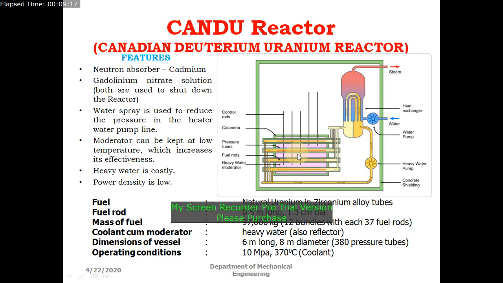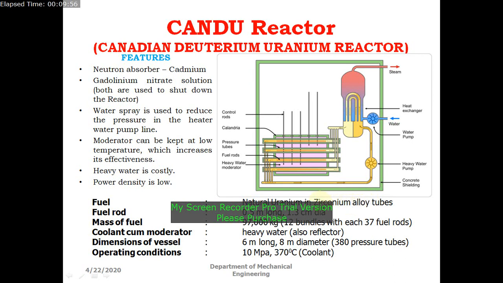Here, if you observe the dimensions, since everything is inserted within the shell, the shell is nearly 8 meters in diameter and 6 meters long, and each shell contains 380 pressure tubes. The diameter of the pressure tube is very small, and in general the reactor will be loaded with natural uranium cladded inside zirconium alloy tubes.